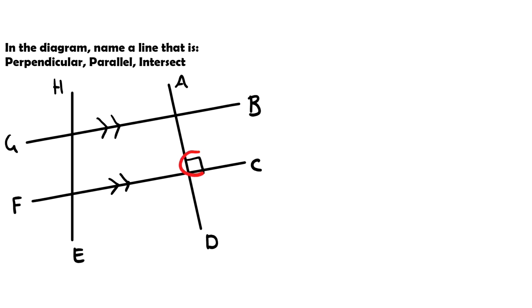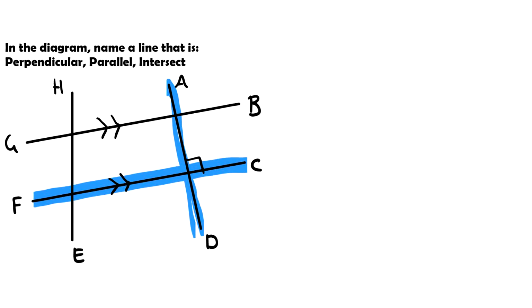So we know this here is our perpendicular angle. So we need to name the lines that are crossing there, that are intersecting. So I'm going to highlight that one there, and I'll highlight that one there. So those are our perpendicular lines. So what I can say is line FC is perpendicular to AD.